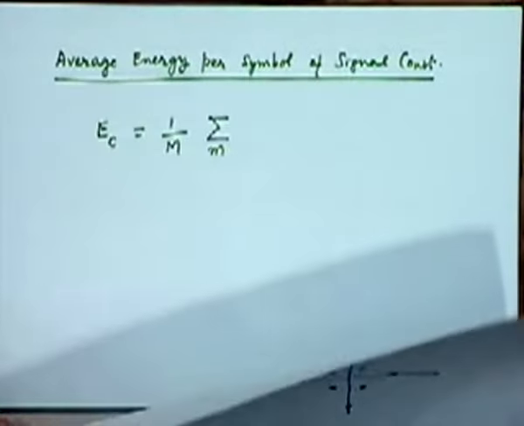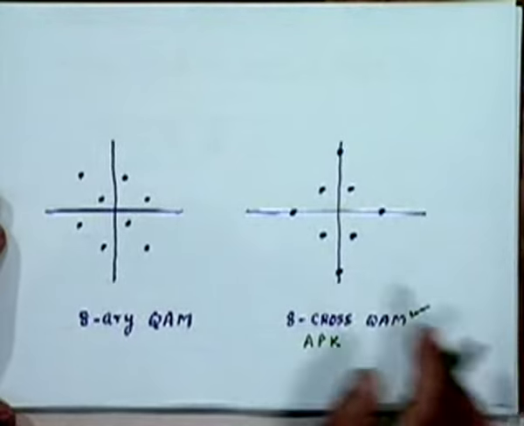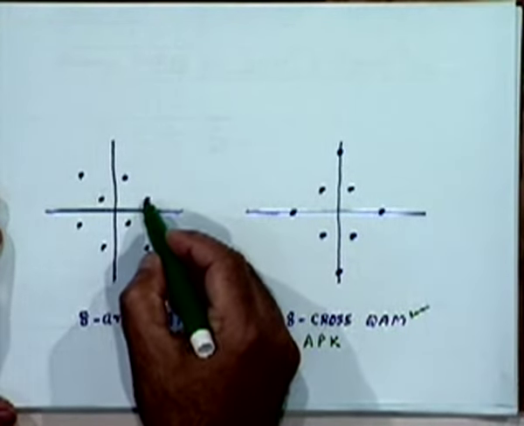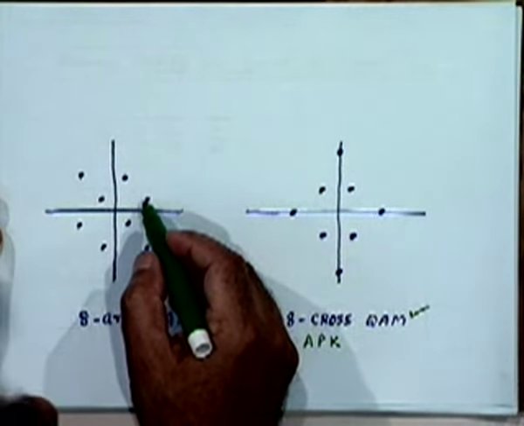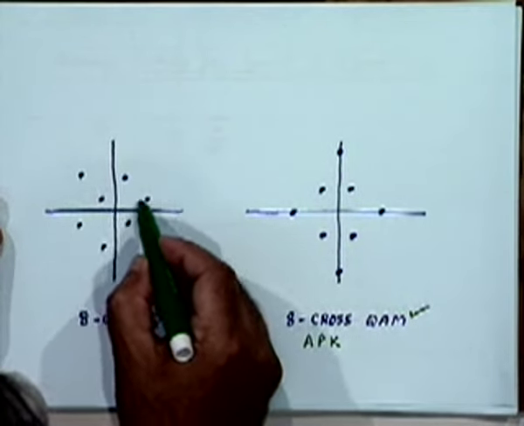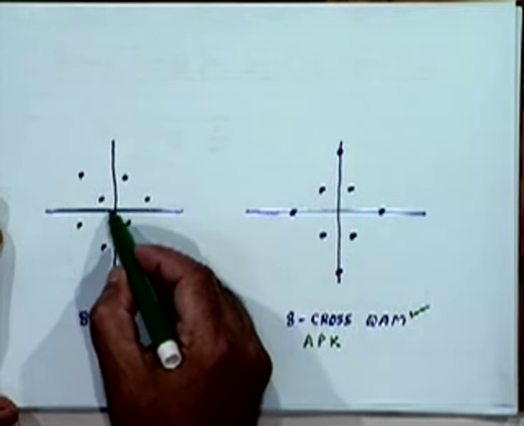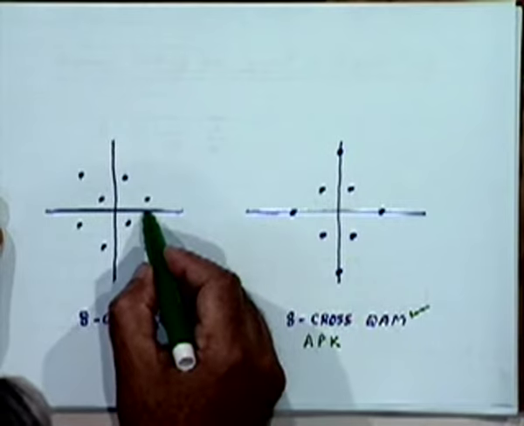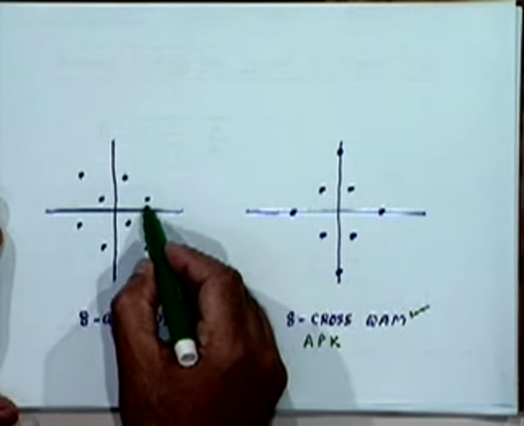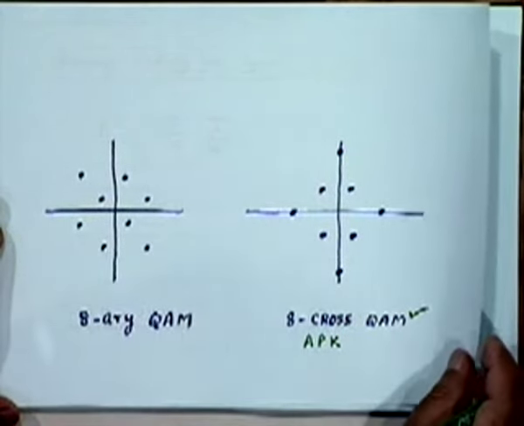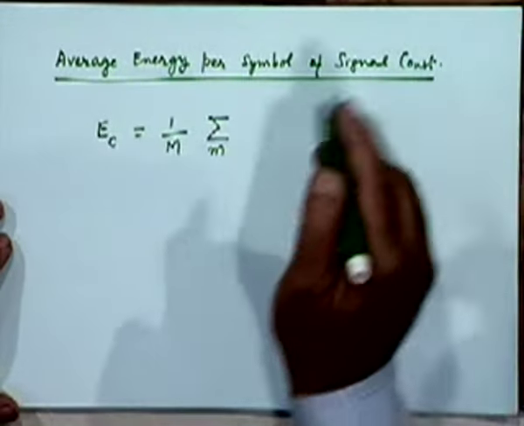Now, as you can appreciate, this energy for individual symbols will essentially depend on the amplitude of individual symbols, or the distance of the symbol from the origin, which you can think of as the sum of the squares of the real and imaginary components.